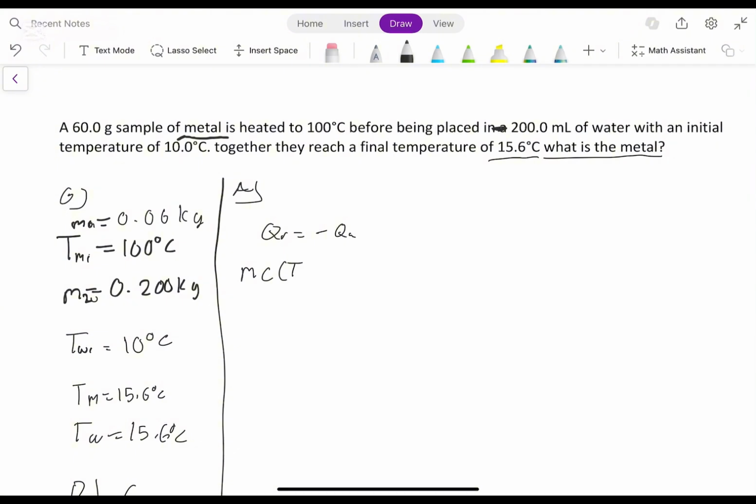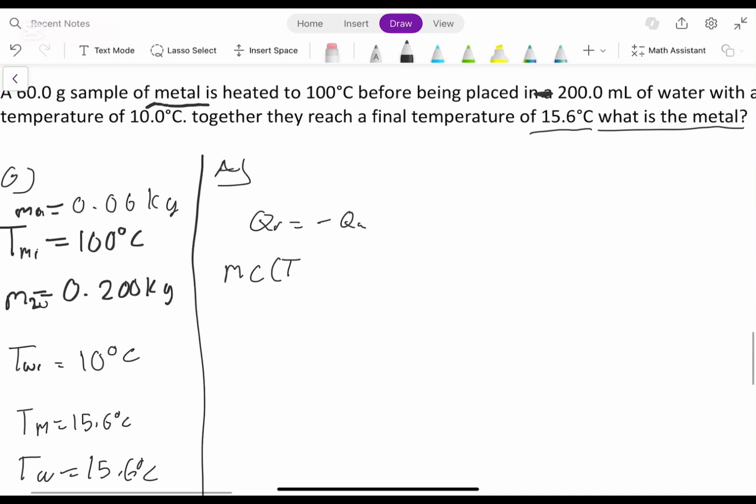So we know that our water is going to be the second substance, because our initial substance, or our first, is the metal being put in. So now that we know that, let me just rewrite this here. So my QR is equal to negative QA.